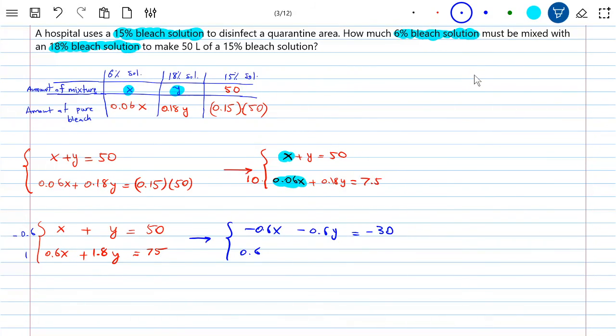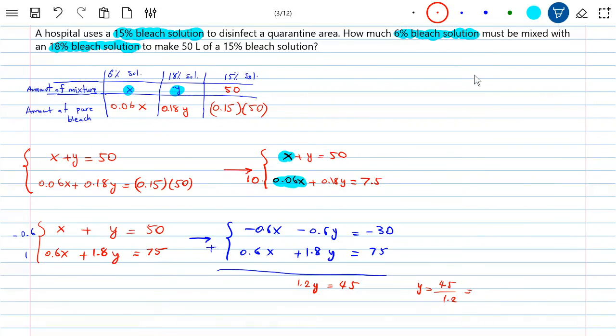Your second equation would be 0.6x plus 1.8y equals 75. Okay, if you add the equations together, the x's will cancel out, so you get 1.8 minus 0.6, which is 1.2y, equals 75 minus 30, which is 45. So what is y? It's 45 divided by 1.2.